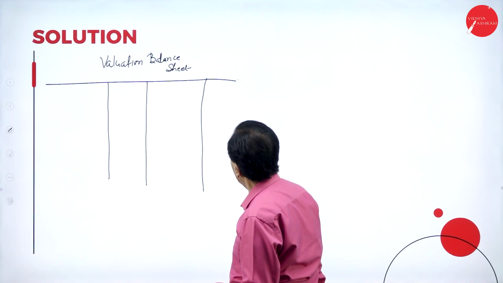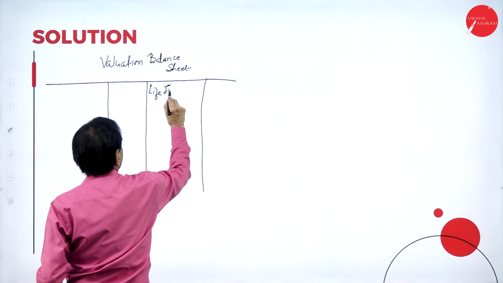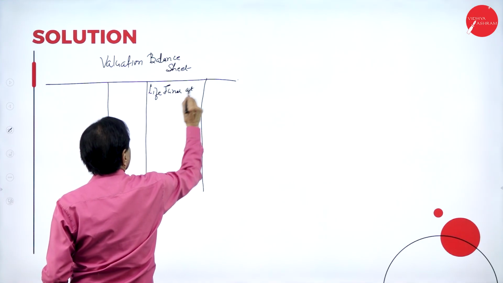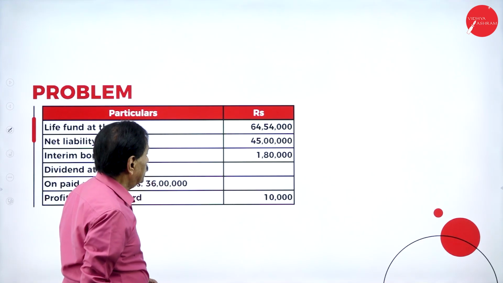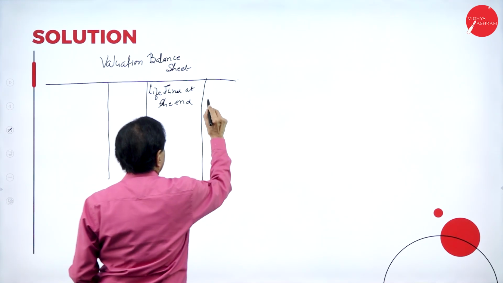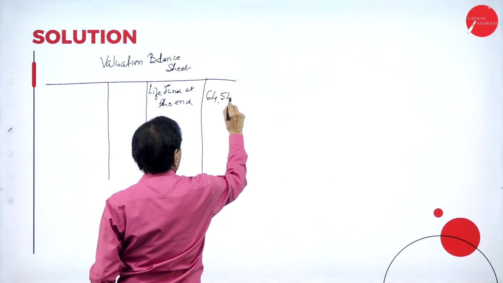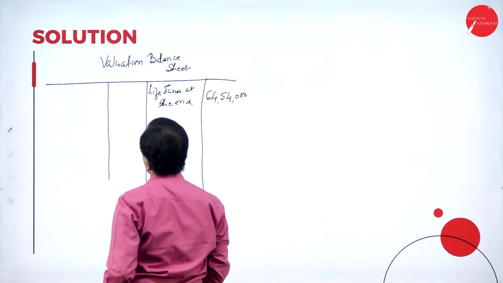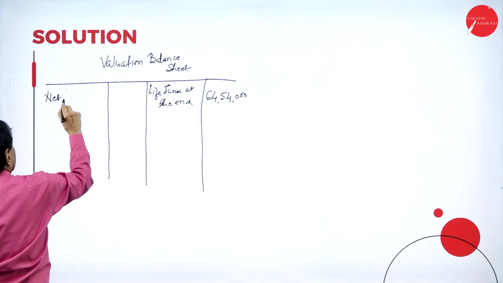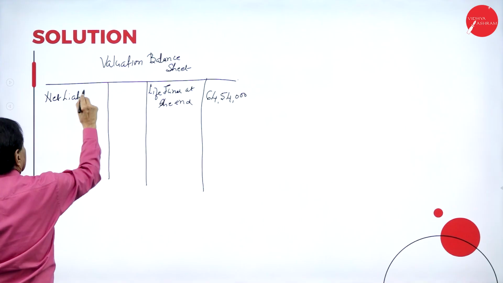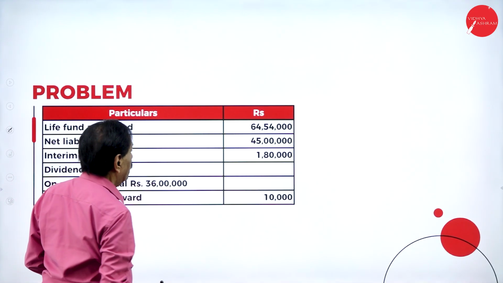Life fund at the end, 64 lakh 54,000. Net liability, 45 lakh.